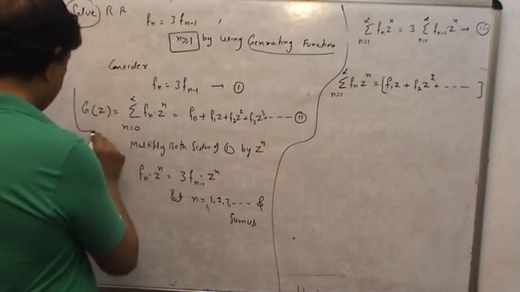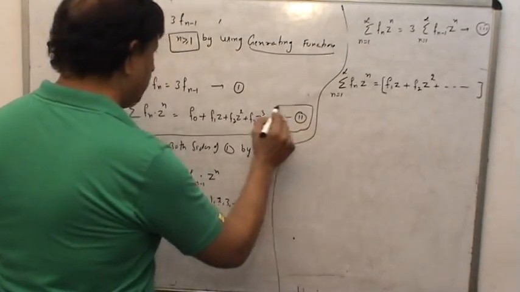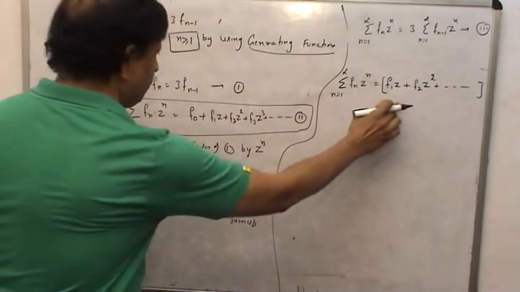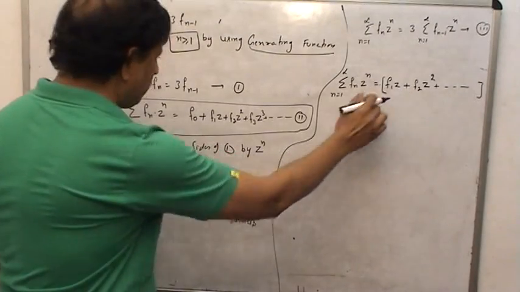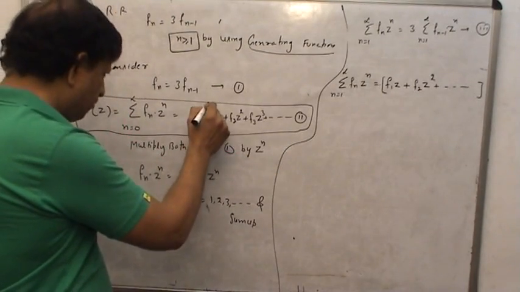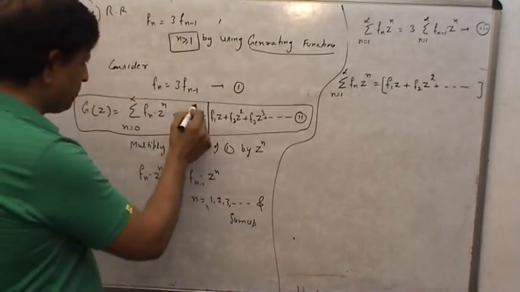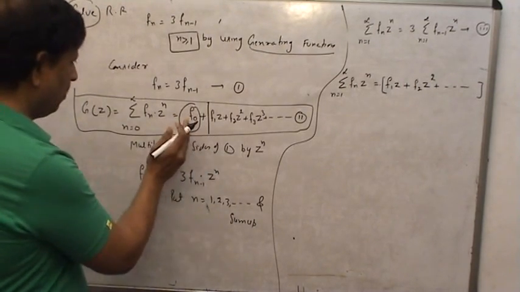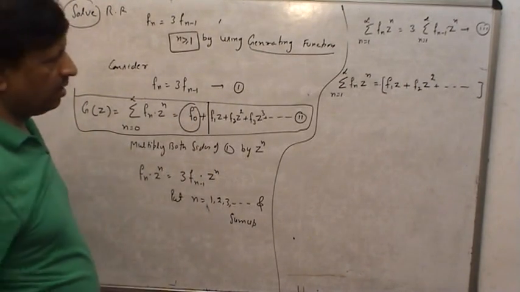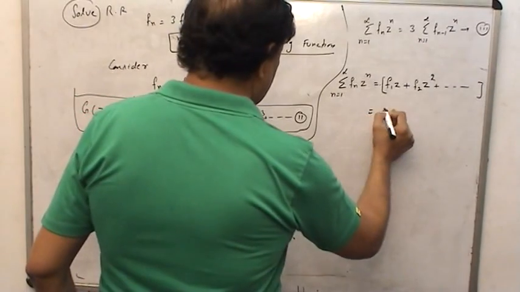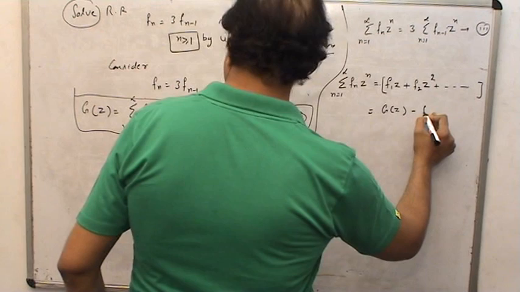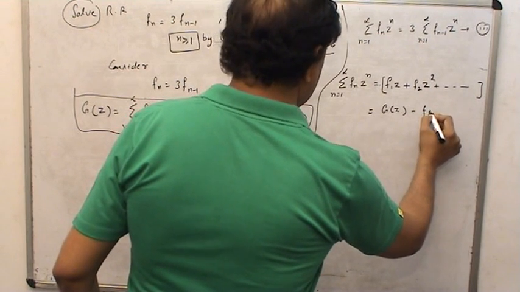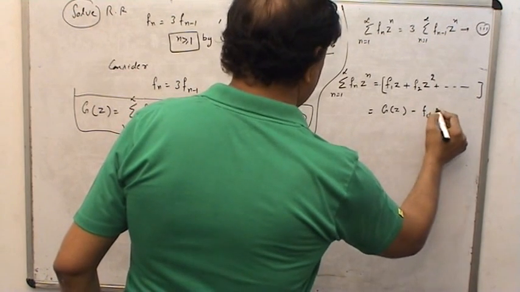We compare this term with the given generating function. Here it starts from f1 z. It means from here, which term is left? That is f0. Transfer it to the left hand side. Then we can write G(z) minus f0.